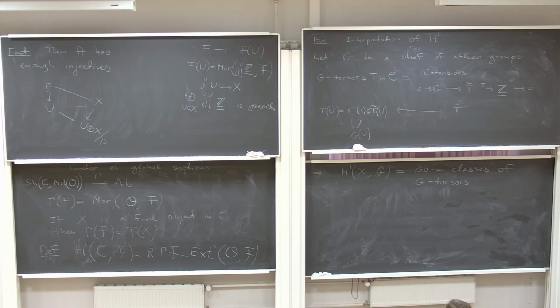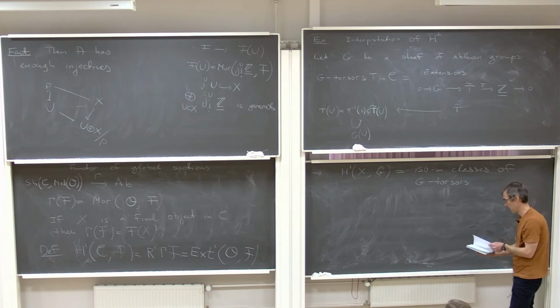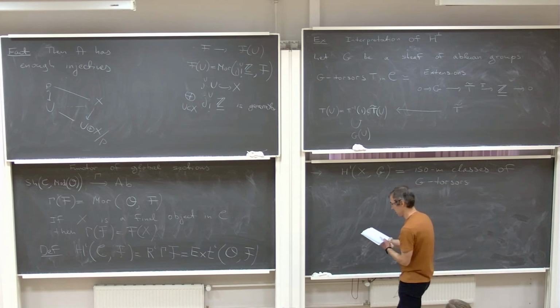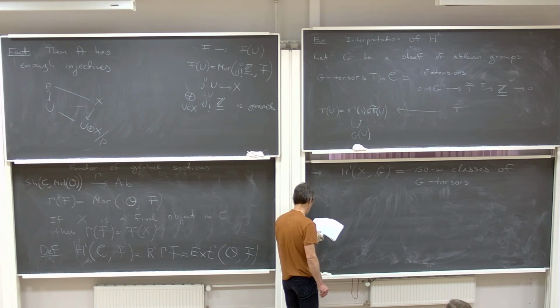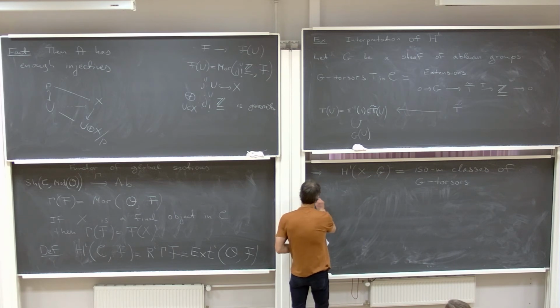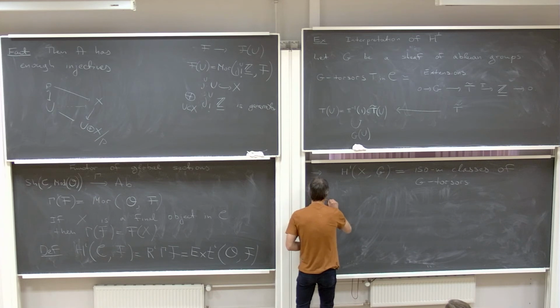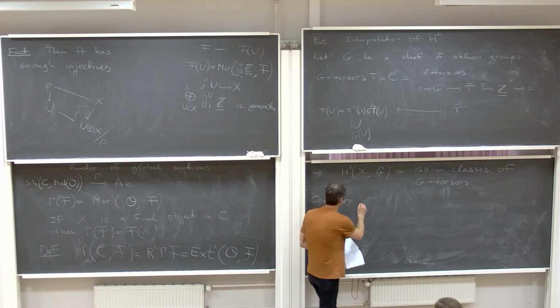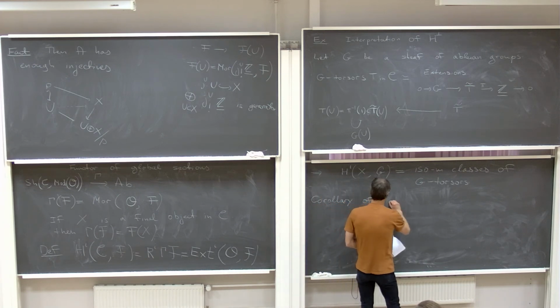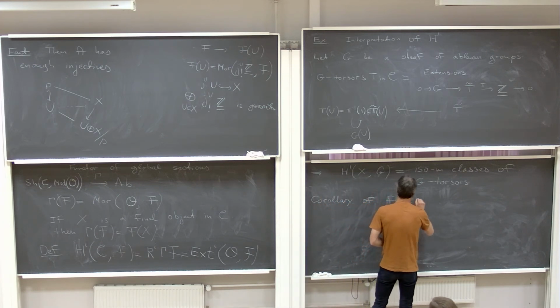So let's do some concrete computations. In order to do the computation, let's derive another corollary from FPQC descent.